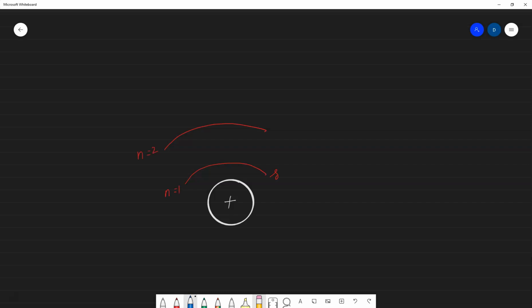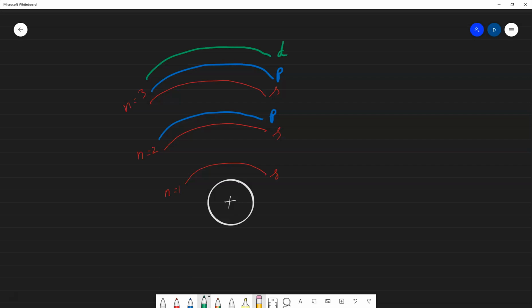You got S and P. Now this is n is equal to 3, the third shell. You got the S subshell, the P subshell, and the D subshell.